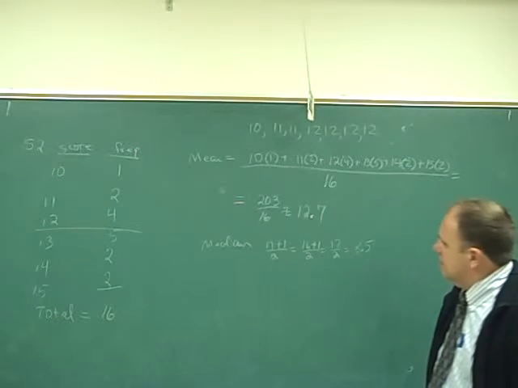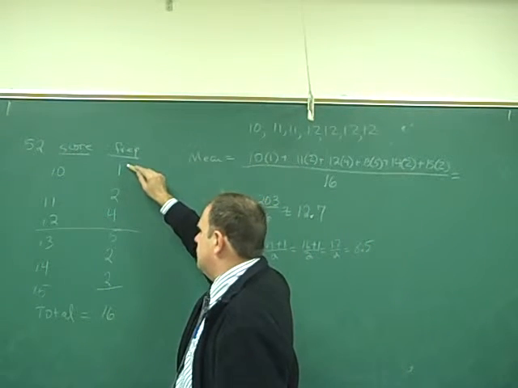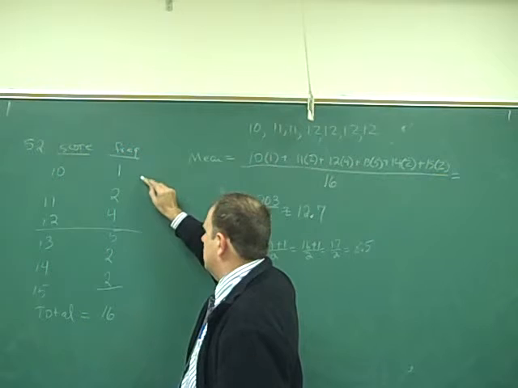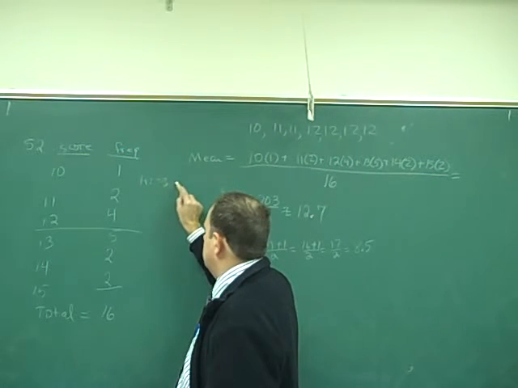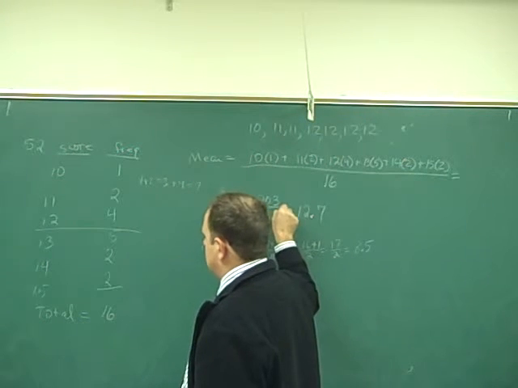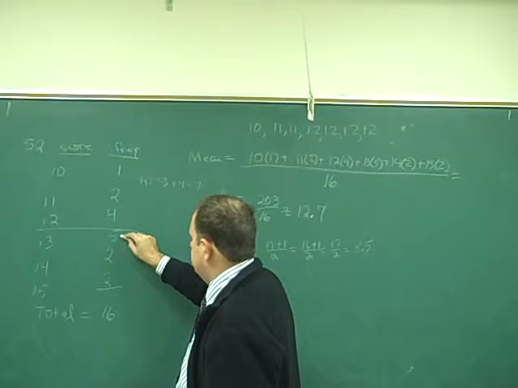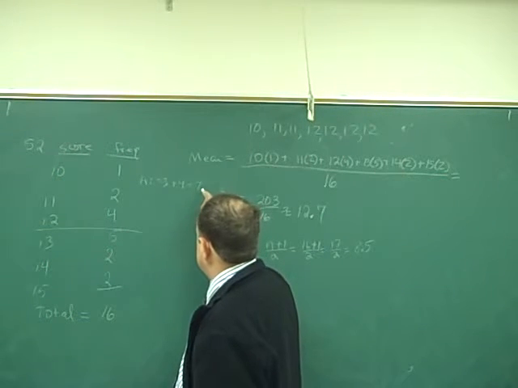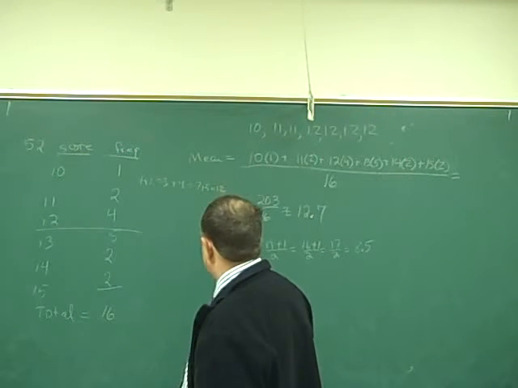Okay? Okay, so 8.5. Well, this is 1. Now we go through it and we start adding. 1 plus 2, right, is 3. So 3 plus 4 is 7, right? We're not up to 8.5 yet. So it's going to be 7 plus 5, that's going to be 12, right? So what's our median going to be?